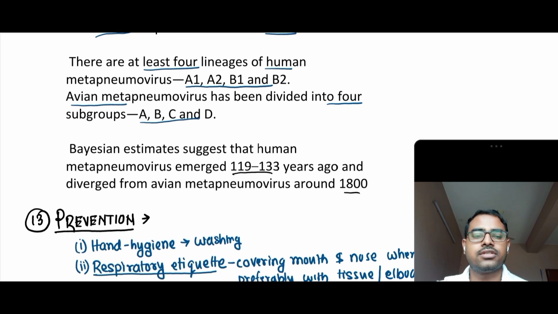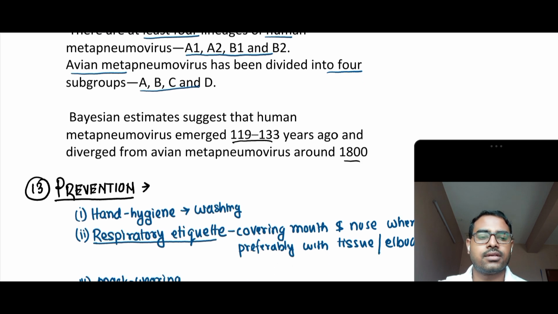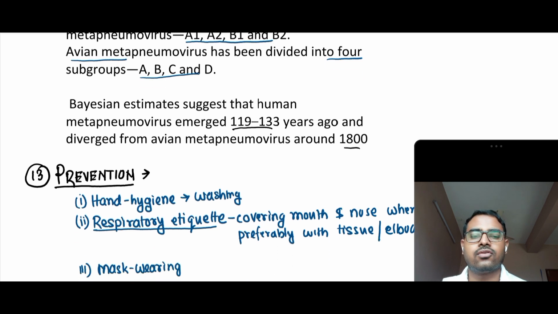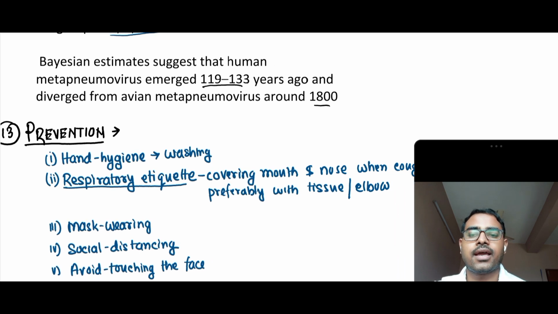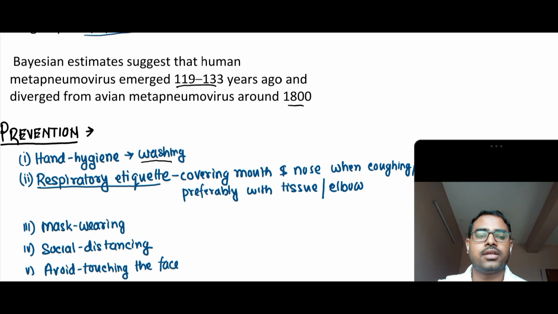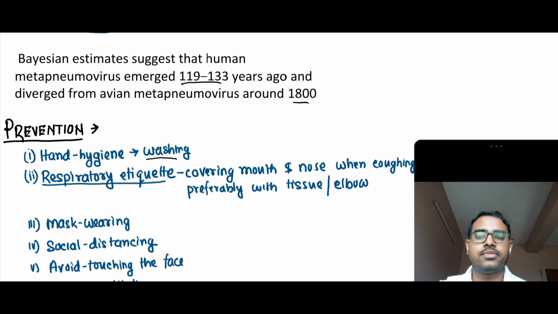Prevention is always better than cure. How to prevent it? As we all know from the COVID-19 infection, the same things will be required. Maintain proper hand hygiene and washing, and respiratory etiquette: when a person is coughing, cover your mouth with a handkerchief or use your elbow to prevent the spread of respiratory droplets to the nearest person.